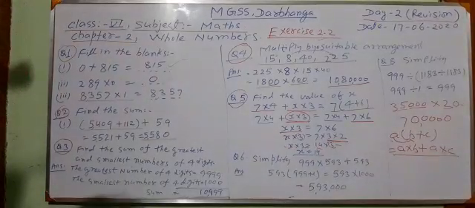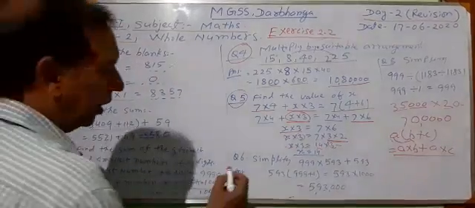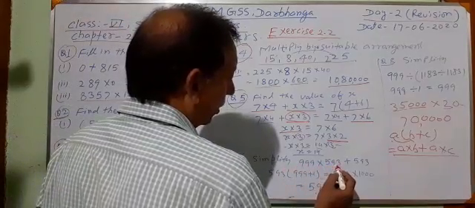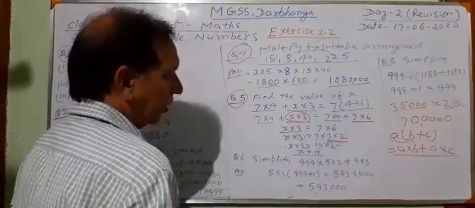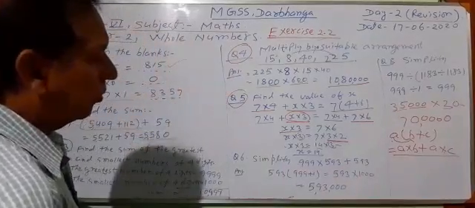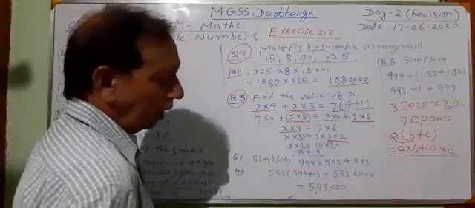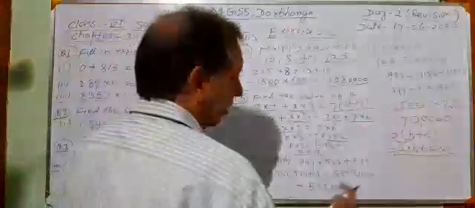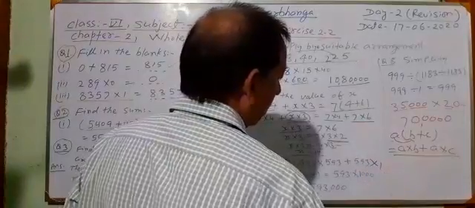Now the last question is simplify 999 multiplied by 593 plus 593. Here how shall we multiply? Here we can write 593 as 593 multiplied by 1.